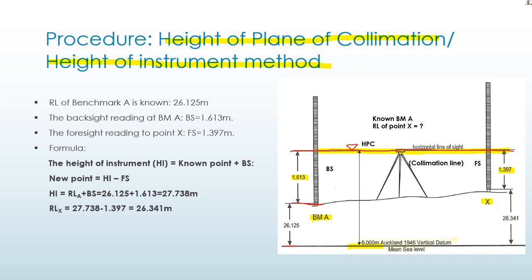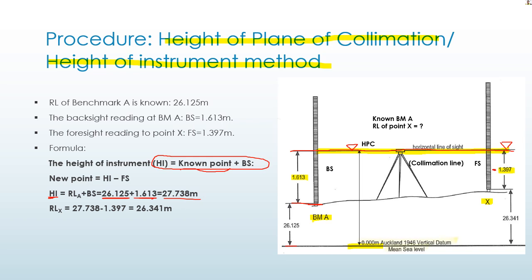So the first step, the height of instrument equals known point's elevation plus backsight. Height of instrument equals elevation at benchmark A plus backsight. And from this level, now you minus the foresight.